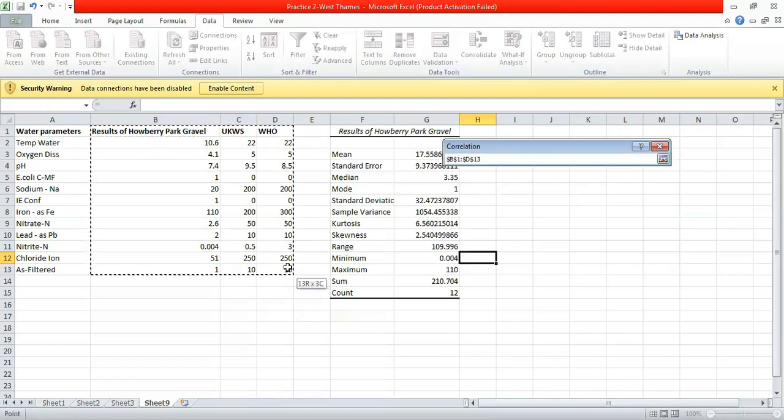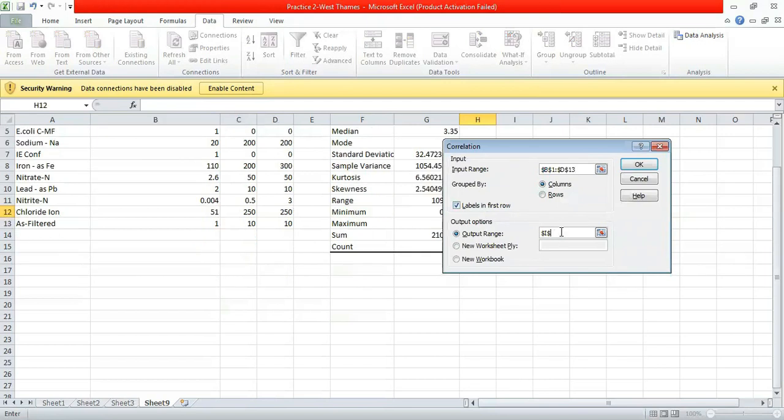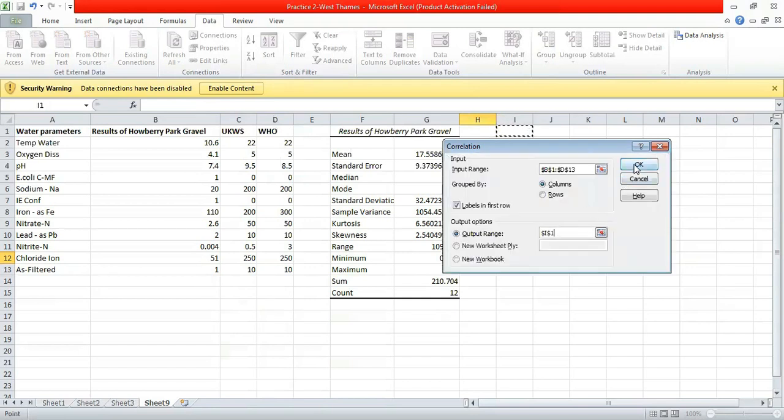We click on that. And we say, okay, same thing, labels in first row. And then output range, where do we want that to display? Maybe you can click on that and we go up. And we want it to be displayed here. We click back. And then we click on OK.